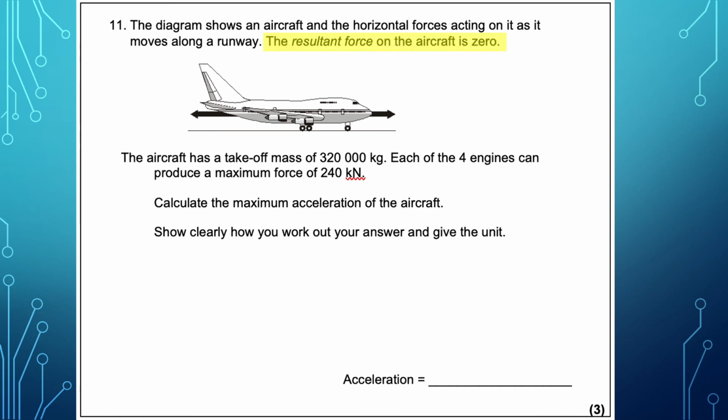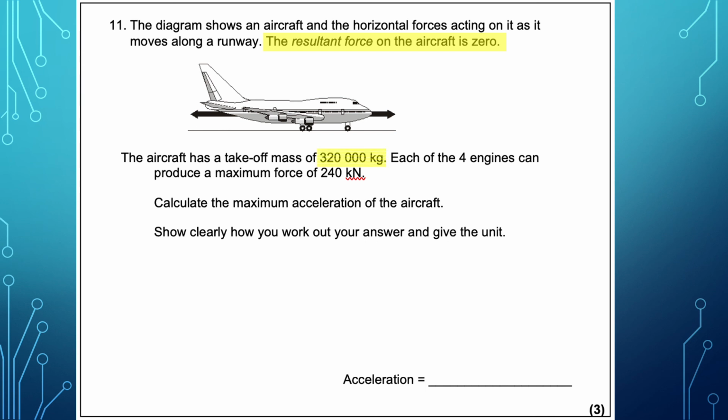That's important. The aircraft has a takeoff mass of 32,000 kilograms. Each of the 4 engines can produce a maximum force of 240 kilonewtons each. Calculate the maximum acceleration of the aircraft. Show clearly how you work out your answer and give the units.